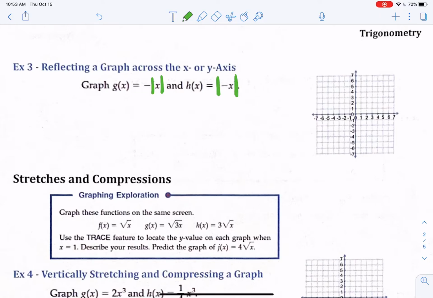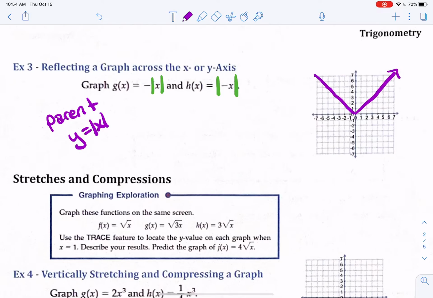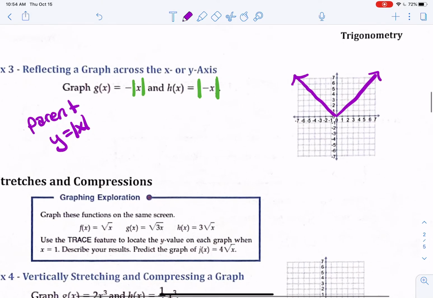So my parent function is going to be the absolute value of x. Y equals the absolute value of x, and it is just going to be a V, okay? There's my parent function. All right, and then I'm going to do my second one in pink. This negative is on the outside of the function.